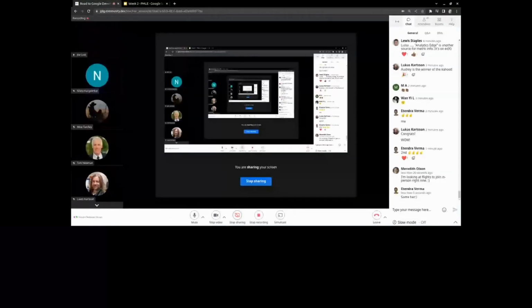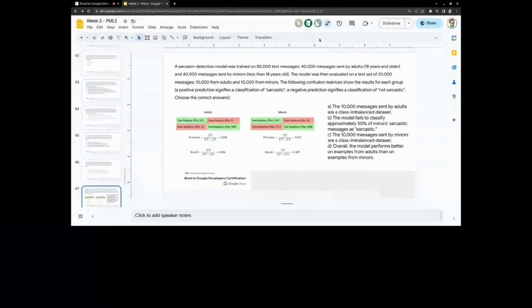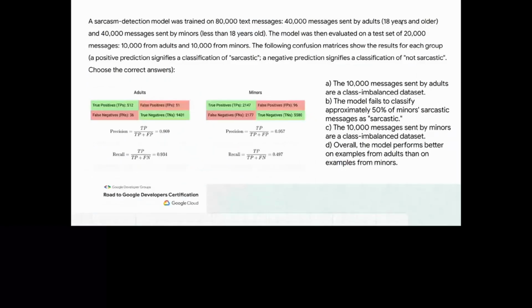Could you stay on that slide for a minute? Sure. I just want to point out, if you work in healthcare with medical testing, these things are extremely common. This is called a confusion matrix, or sometimes just simply a 2x2 matrix. There's a field called clinical epidemiology that discusses all this stuff.